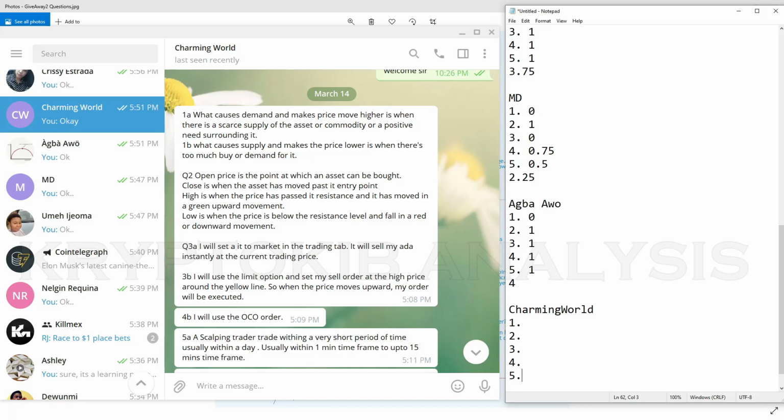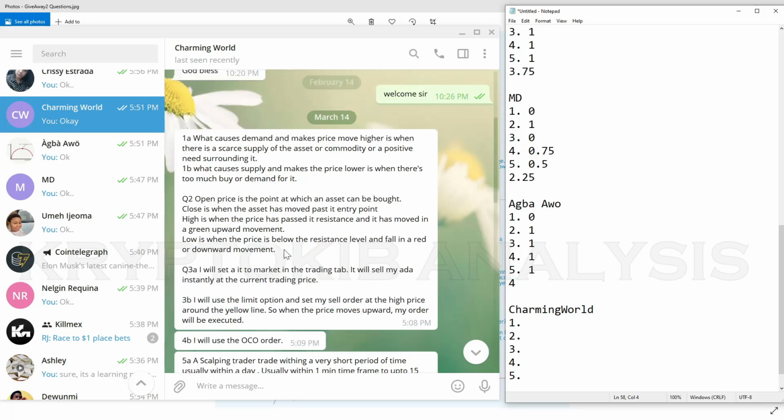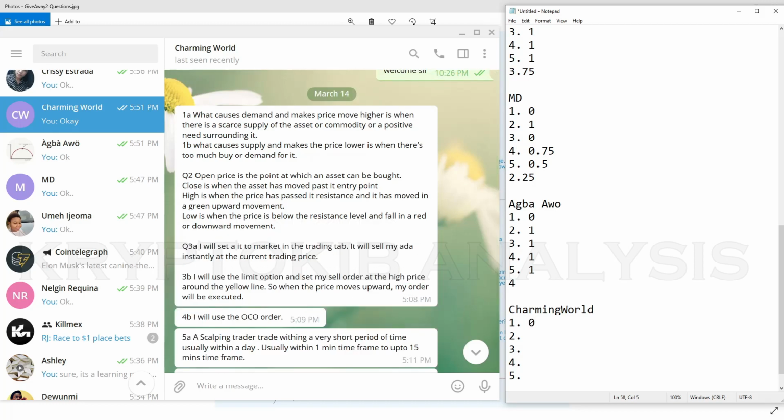After the whole marking, this marking can take time. That first one is 0. Then the question 2. Open price is the point at which an asset can be bought. Close is when the asset has moved past its entry point. What entry point?